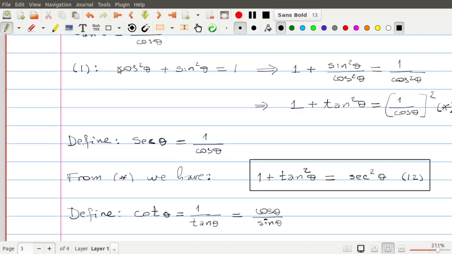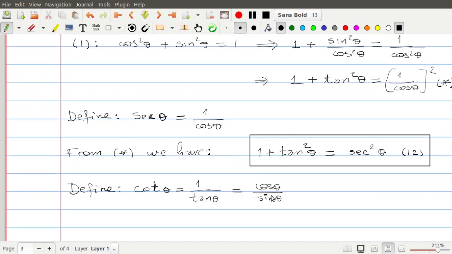So if we use this same equation 1, and we divide by sine squared on both sides, we have cosine squared theta divided by sine squared theta, and sine squared theta divided by sine squared theta is 1, but we can still write it. This is 1 by sine squared theta.